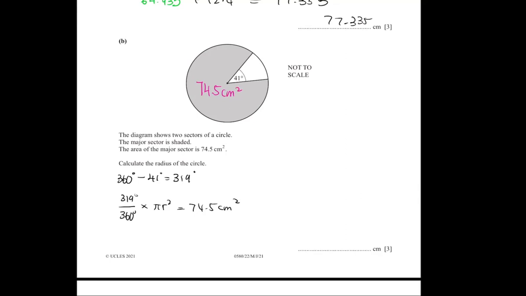So we just take 319 divided by 360 multiplied by pi. So we got 2.7838. r squared times that is equal to 74.5. Then r squared is equal to 74.5 divided by the answer.